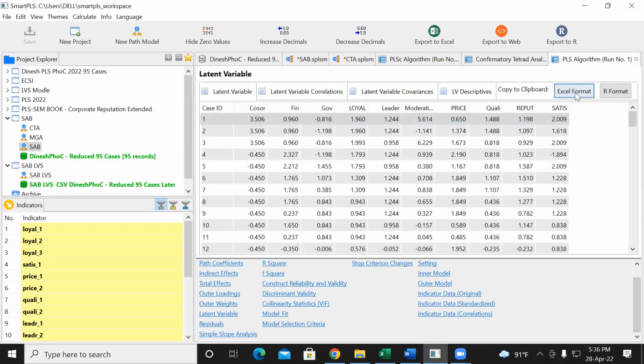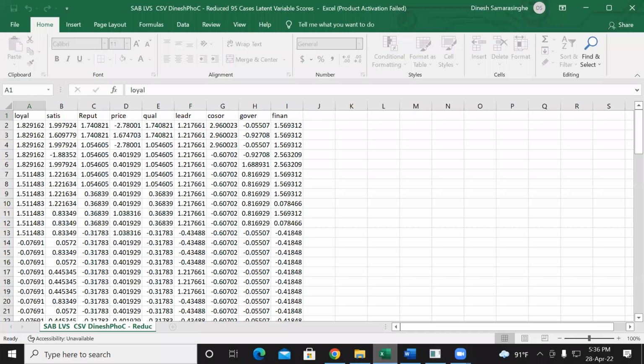You can save them into a comma .csv format. Then I get something like this. I will show you. Again, I save them into something like this. Now you can see here loyalty, satisfaction, reputation, pricing, quality, all these things, no? Do you see that there?